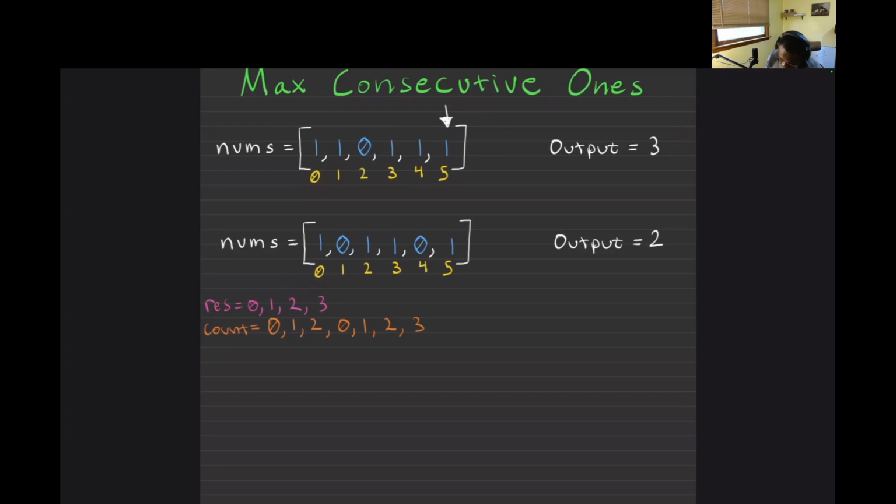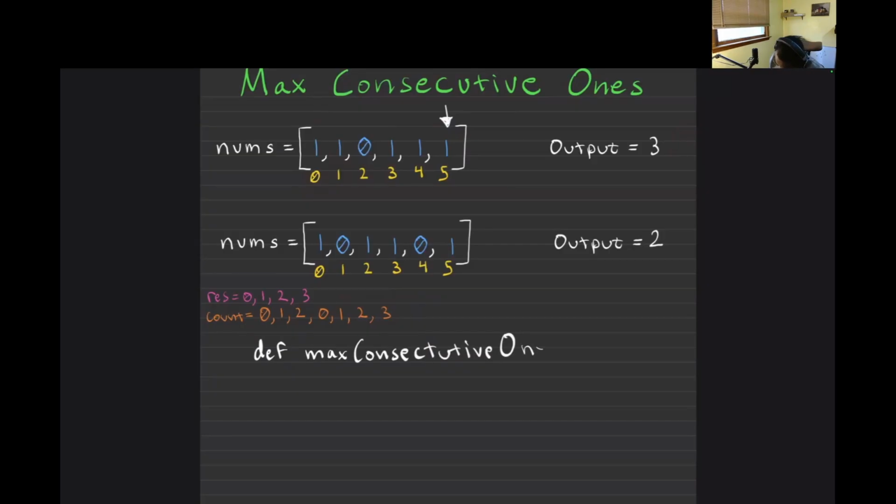And with that being said, let's go ahead and draw up our function signature and body as well. So we're going to go ahead and define this function. We'll say def maxOnes, and it takes nums, right? And like I mentioned, very straightforward.